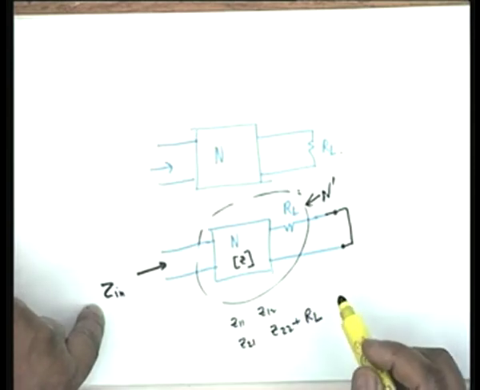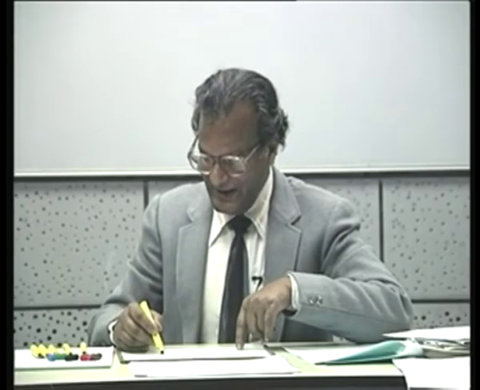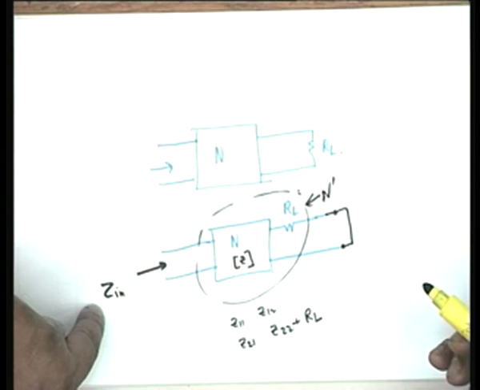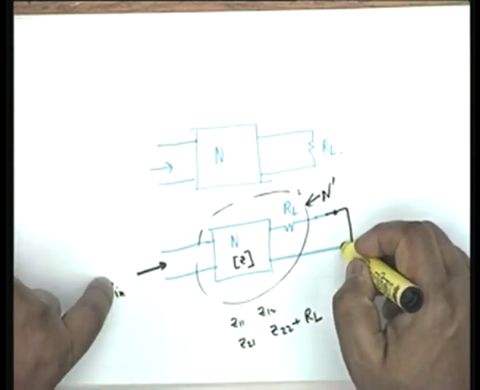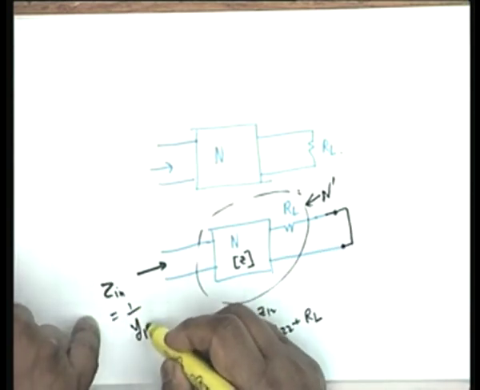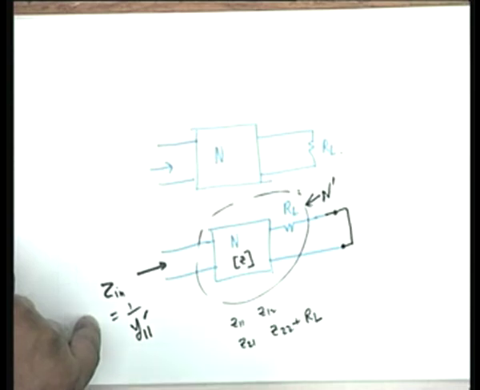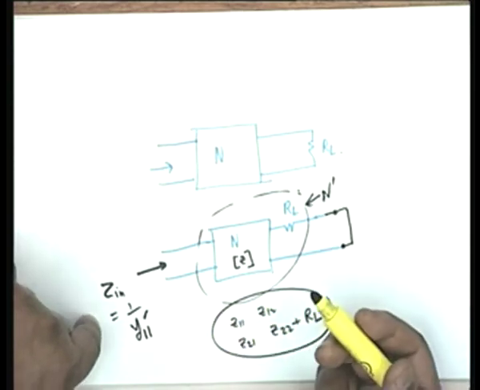No. Why? I have short circuited this. Port number 2 is short circuited. I am measuring the impedance at port number 1. So Z in must be 1 by Y11 prime. Isn't that right? The Z matrix is known, and I can find out Y11 prime.